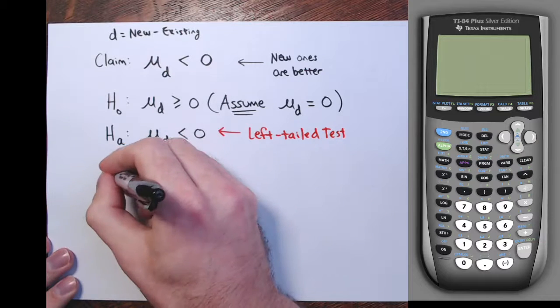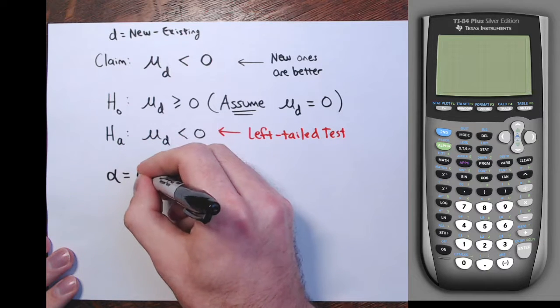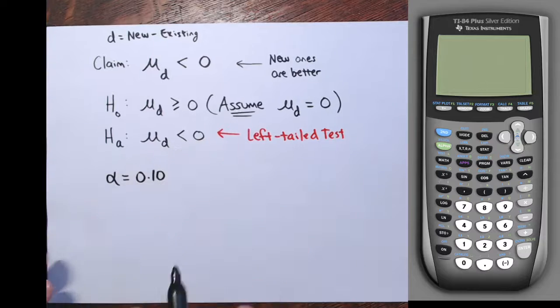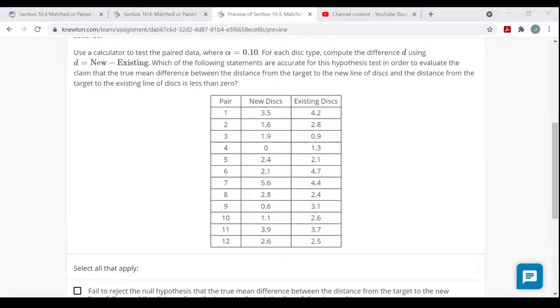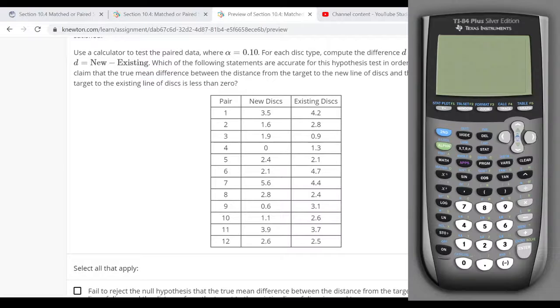And the value of alpha, they told us the significance level was 0.10, 10%. I'll keep all this in mind when I go back, and we'll enter stuff on the calculator. So I'm going to pull the calculator up here, and I'm going to enter these lists of data: the distance from the targets for these new discs and the distance from the target for these existing discs. I'll call those list L1 and L2.